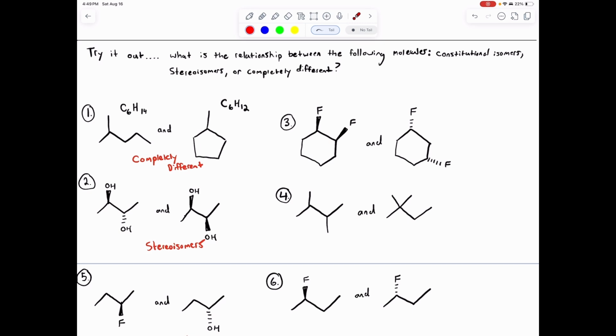And what I want you to notice here is in this first example, our fluorines happen at carbons 1 and 2. In this example, our fluorines happen at carbons 1 and 3. So these wedges and dashes were just there to throw you off. These have different connections, so they automatically fall into our constitutional isomer category.